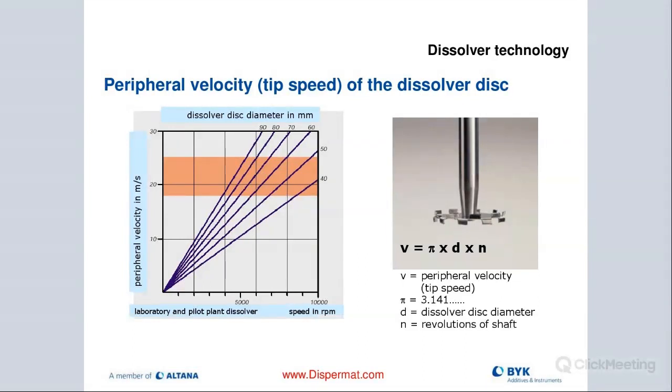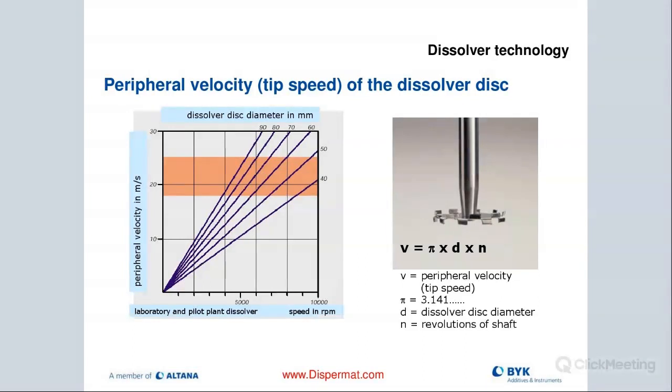That's the formula. And if you want to figure out meters per second, then all you do is divide that whole formula by 60, and the diameter would be expressed in meters. So if it's 40 millimeters, it would be 0.04. That 0.04 meters is 40 millimeters. And then what you would do is divide the whole equation by 60, and that would give you the meters per second.